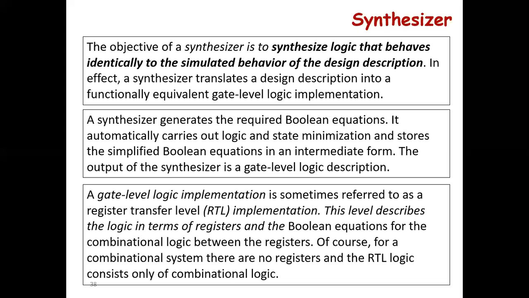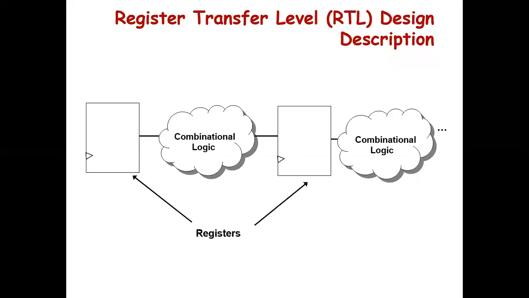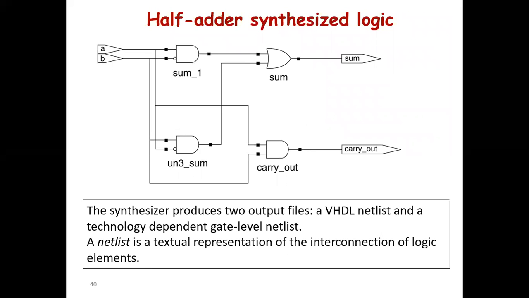Of course, for a combinational system, there are no registers and RTL consists only of combinational logic. This is the half adder synthesis logic. The synthesizer produces two output files, a BSDL netlist and a technology dependent gate level netlist. The netlist is a textual representation of the interconnection of logic elements.